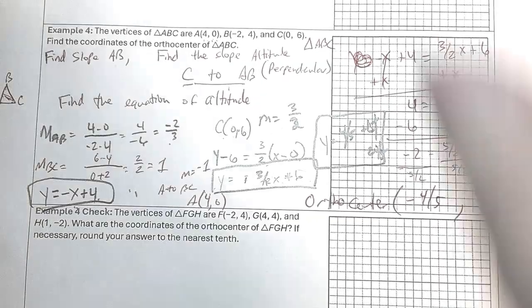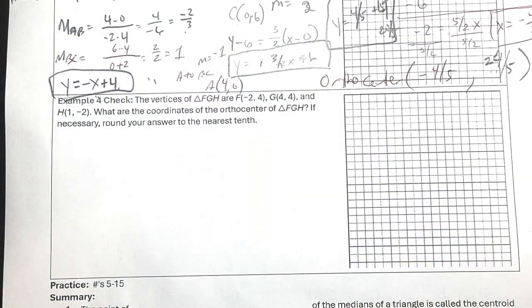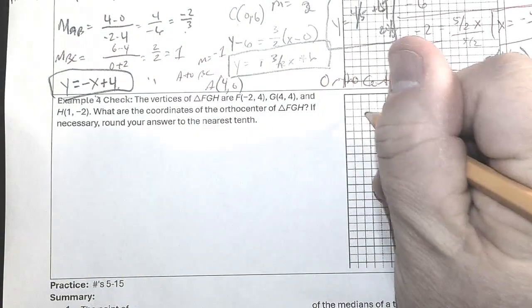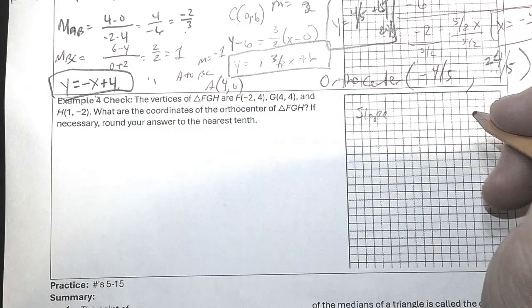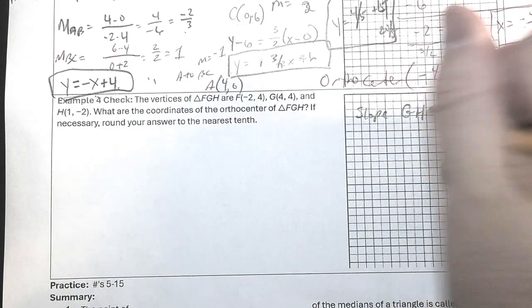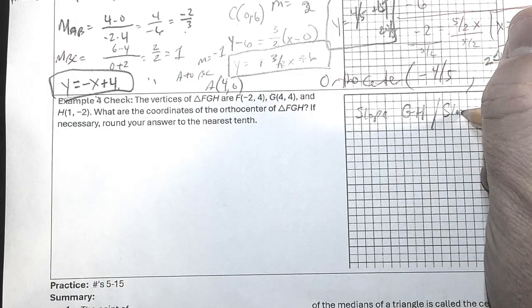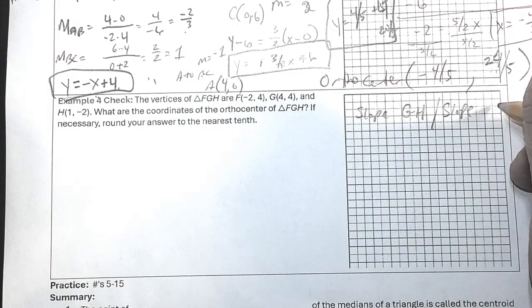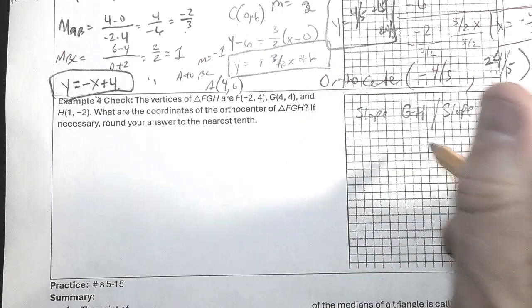The example 4 check. So you guys are going to do what I did. So I'm just going to write it. So slope for GH, and that'll give you the slope for the F to GH. So you do that.